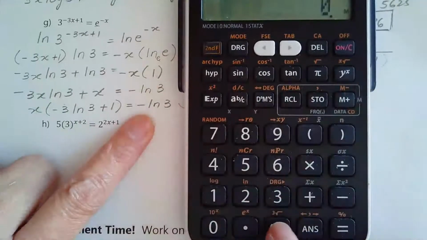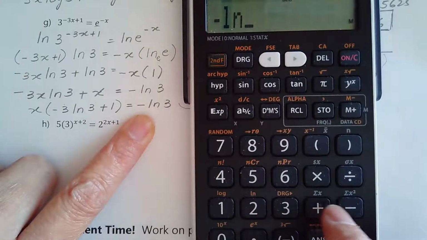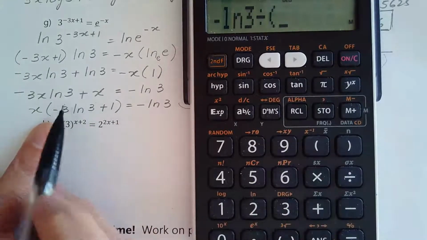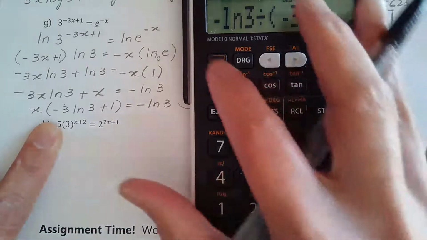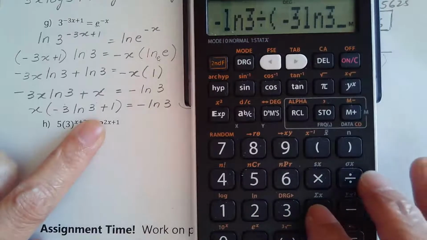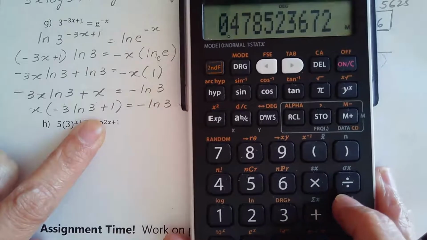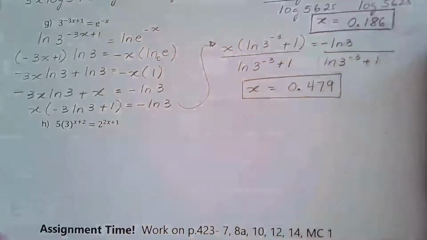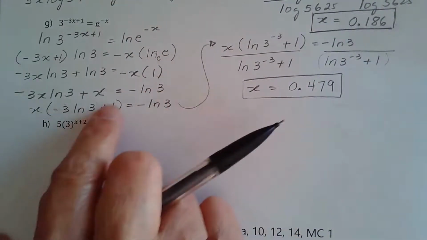So negative ln of 3 divided by all of these, so divided by negative 3 natural log of 3 plus 1. Let's see if we get the same answer. Yep, we're getting the same answer again. So you can just take this and then divide it by all of that.